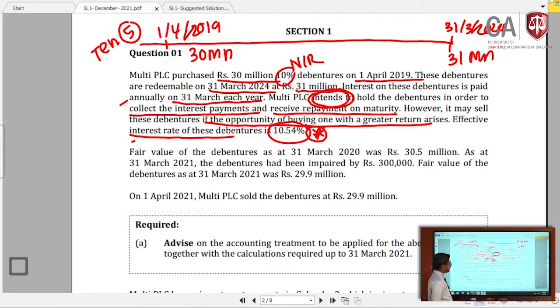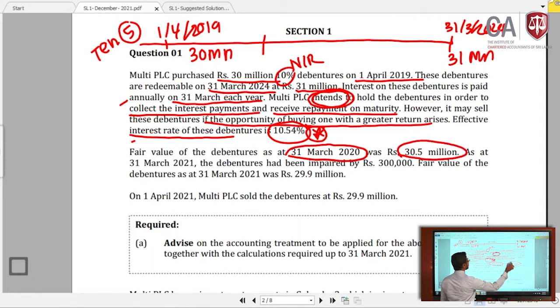Fair value of these debentures as at 31st March 2020, one reporting date, was 30.5 million. As at 31st March 2021, another reporting date, the debentures had been impaired by 300,000. Impaired means what?